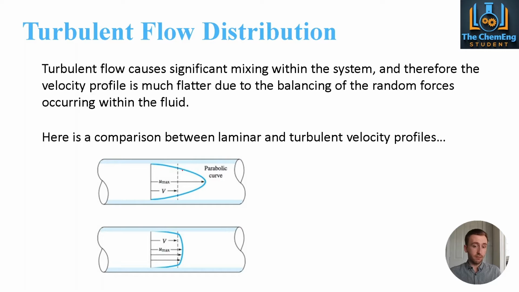So as a means of comparison, this is as for laminar flow. So you see that we have a very parabolic shape, which we've seen in the previous figure. But when we have turbulent flow, because we don't have that streamline or that steady type of flow, the vortices actually basically bang into each other.